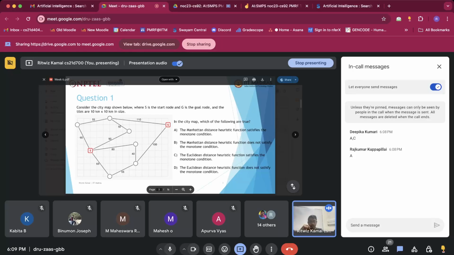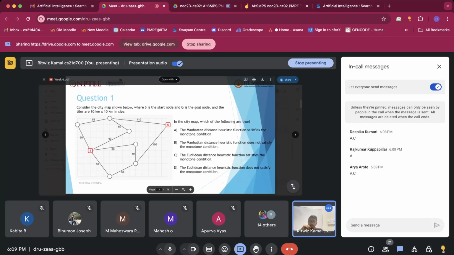We already have a couple of answers in the chat box. That's good. The options we have till now say that both Manhattan distance and Euclidean distance satisfy the monotone condition. I'll give you a hint: you're right about one of those. One easy way to test whether the monotone condition is satisfied or not is to find a particular edge or a pair of nodes that doesn't satisfy the monotone condition.